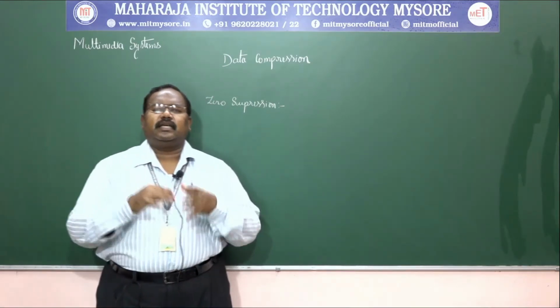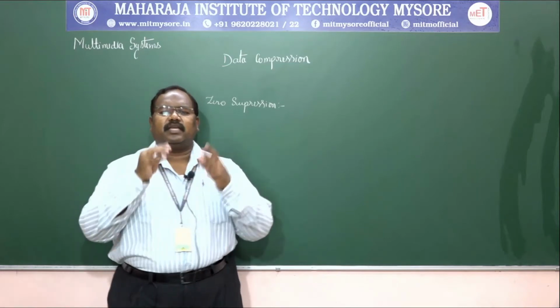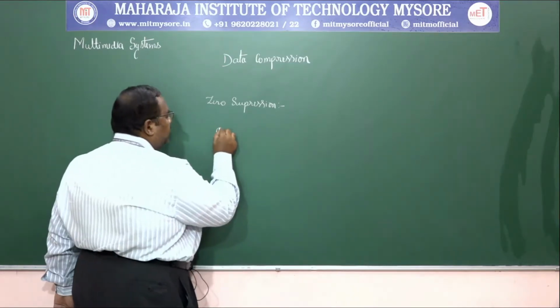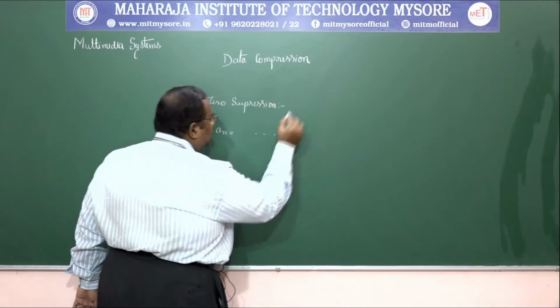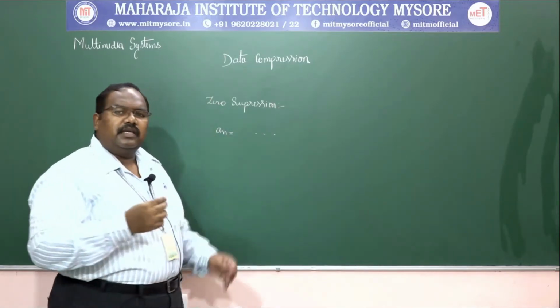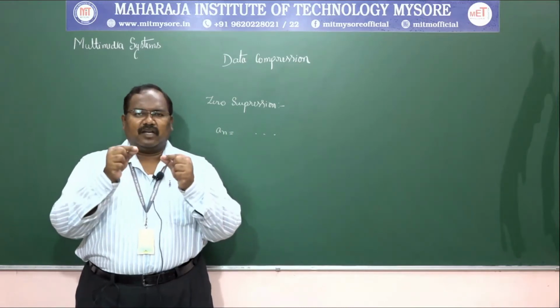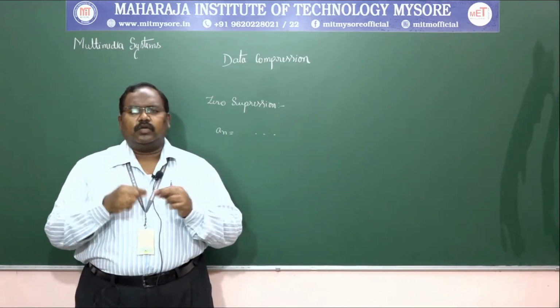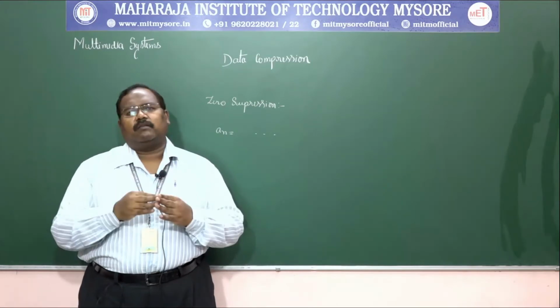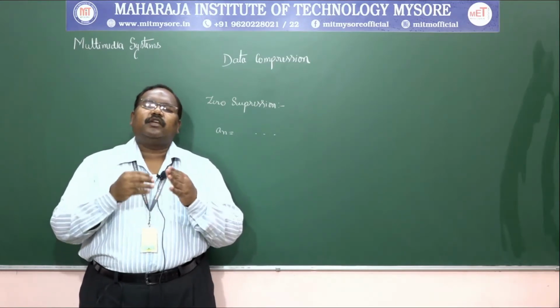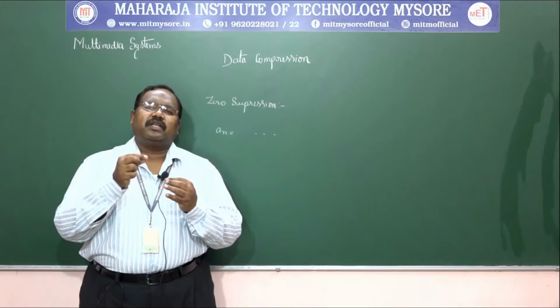Let us consider a series. Suppose we have a sequence, a series of sequence. Here we replace the series with the token and the count of the number of occurrences of 0. When we have the count of the number of occurrences of zeros, we usually need to have a special flag.